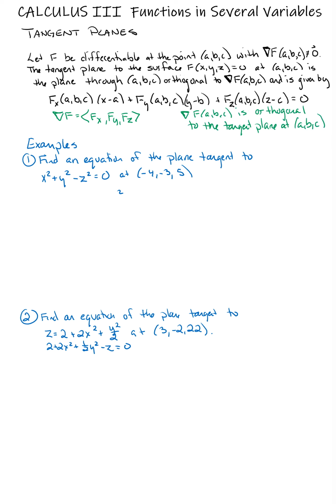Make sure you can visualize what's going on. You've got a tangent plane, and then we're looking at something that's orthogonal to that. All right, and that is how we get our coefficients.